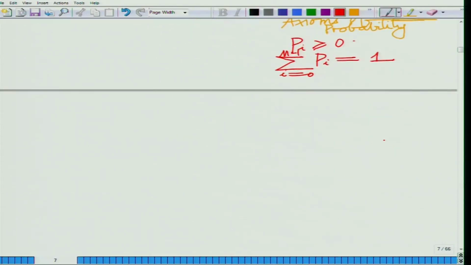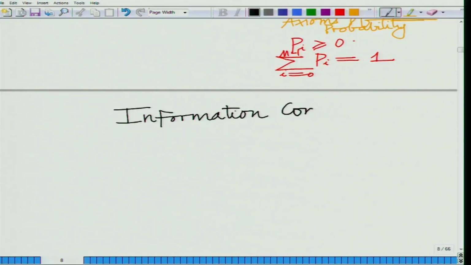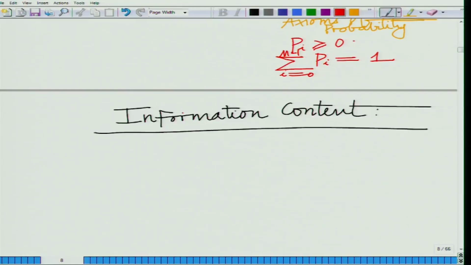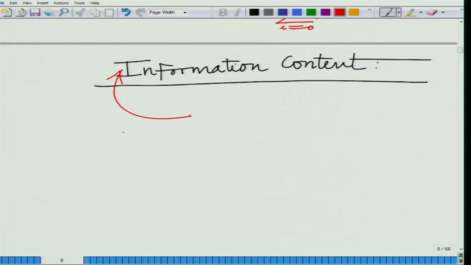Now, let us come to the concept of the information content of a symbol Si. How do we characterize the information content of a symbol?